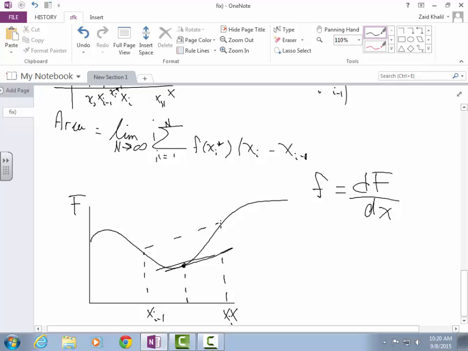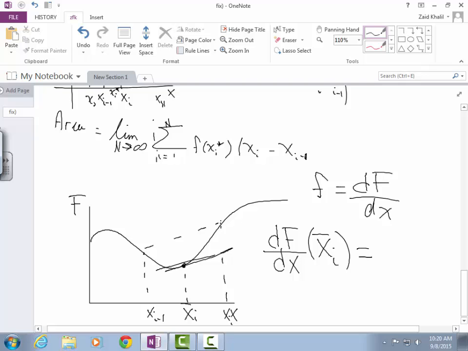Let's call it x bar i. Okay? So what we know is that df/dx at what point? At x bar i is equal to what?